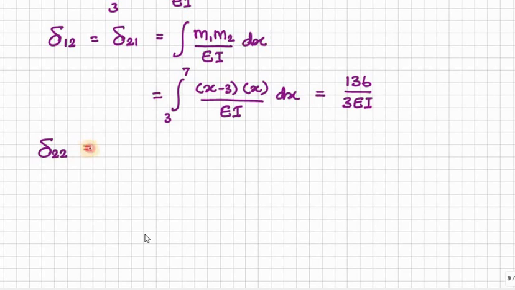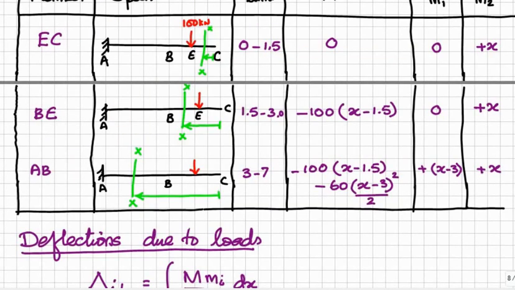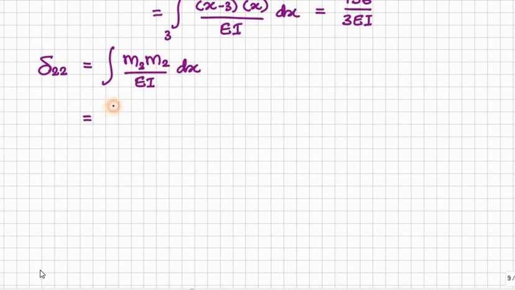Next, delta 22 is equal to the integral of small m2 into small m2 divided by EI into dx. Here all the members have non-zero m2 values. Therefore we have to include the EC member, BE member and AB member.